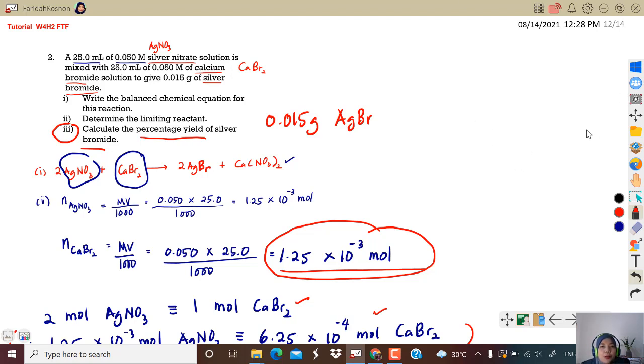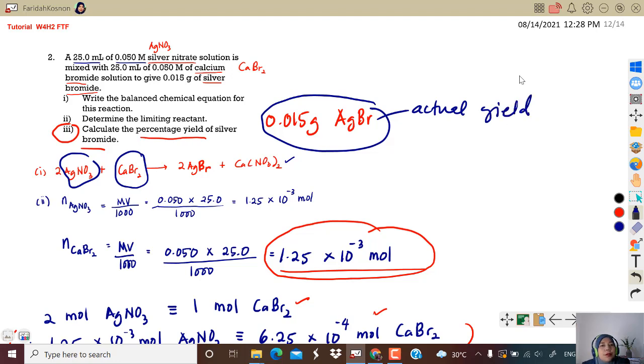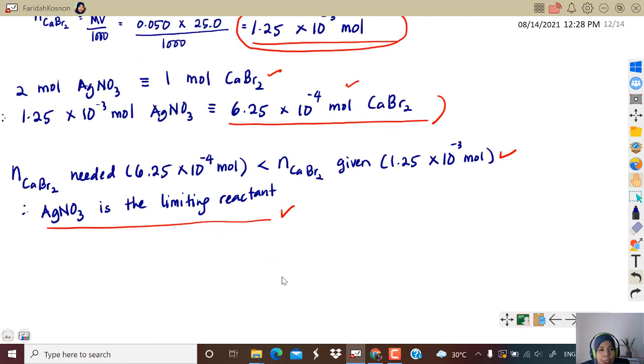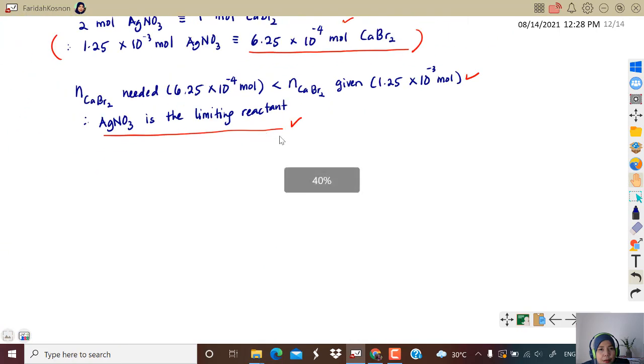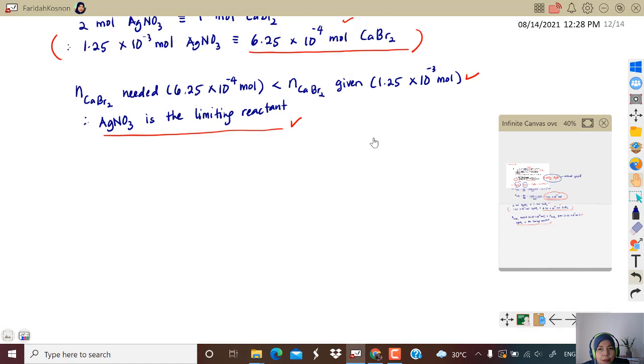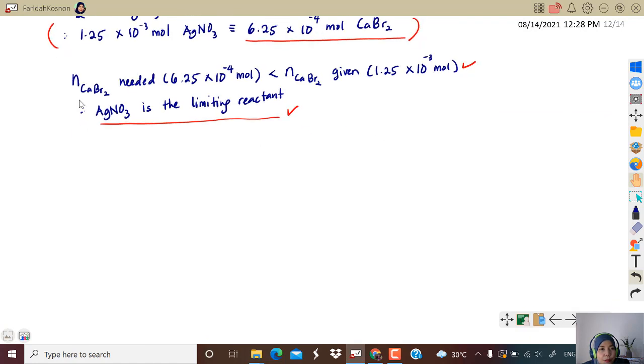So, given to you in this question, actually this is the actual yield. Okay, so now let's continue. Kita nak kira percentage yield. Jadinya sekarang kita continue dengan number 3 tu.